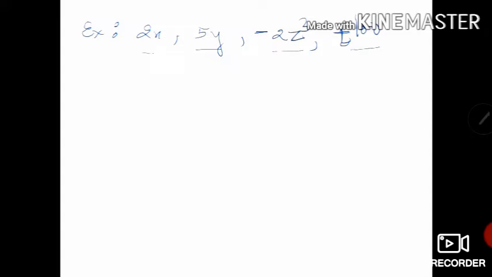But all these polynomials have just one term. Such polynomials are called monomials. So polynomials having just one term are called monomials.